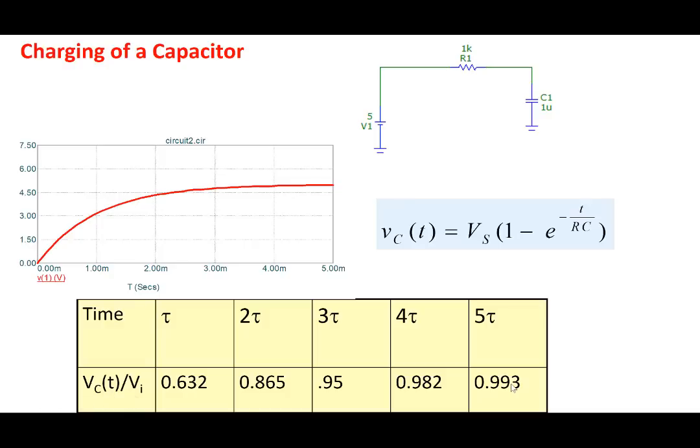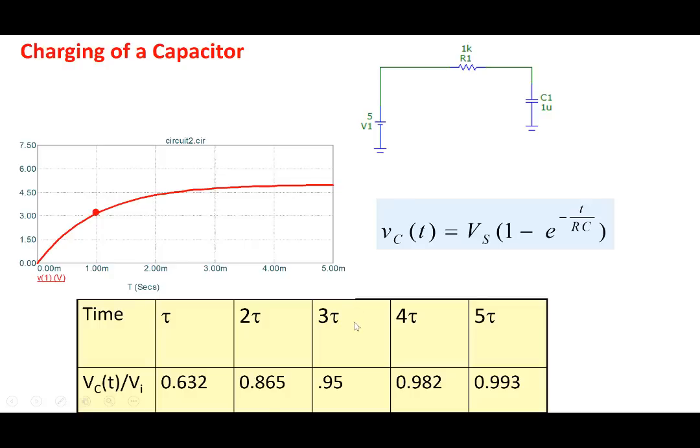So if you're looking for the capacitor to be charged 99%, you're looking at a time of 5 tau. You'll have to wait that long, roughly, to attain a capacitor charge which is 99% of its final value. But if your situation demands that it has reached 95%, then 3 tau is the number to keep in mind here.